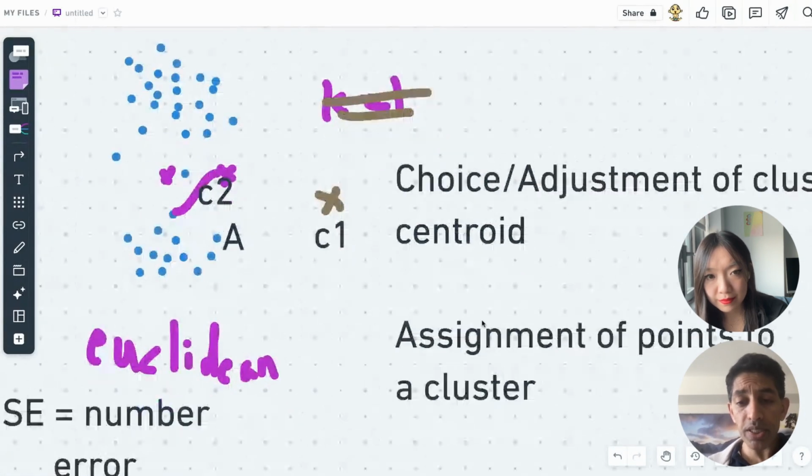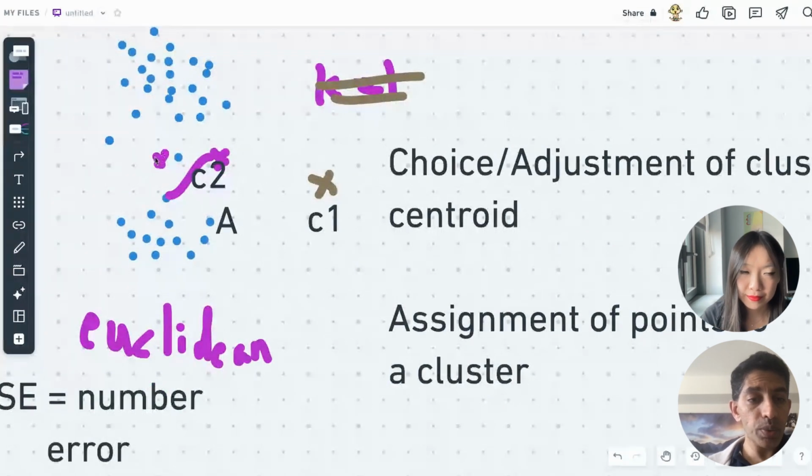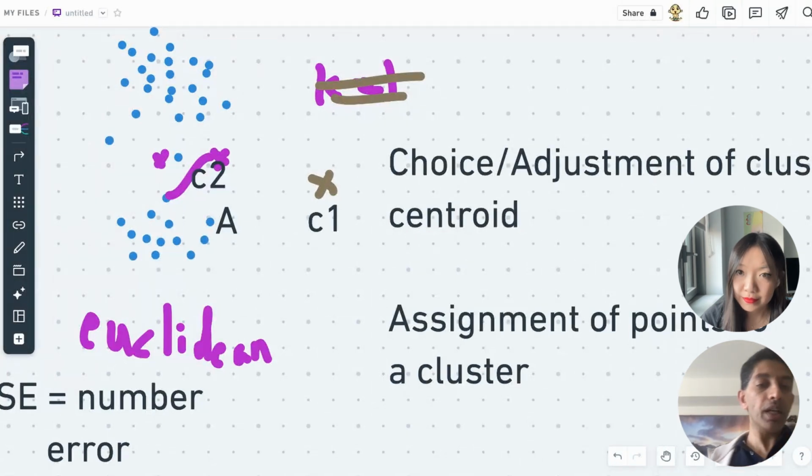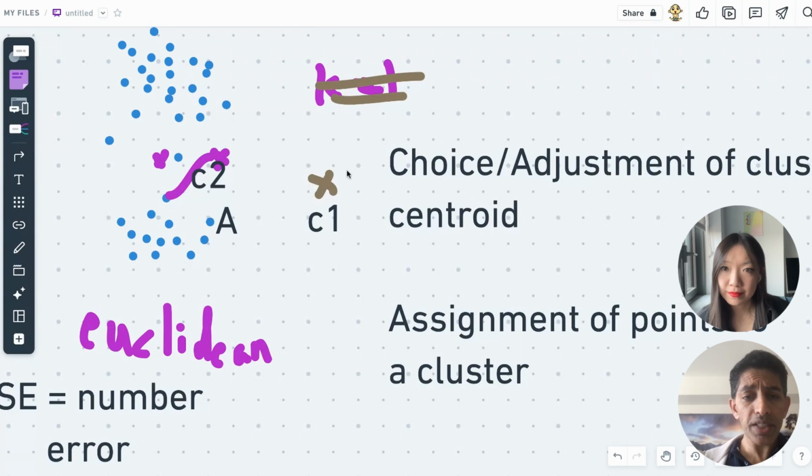But then what happens in the second step? The C2 cluster centroid moves to the center of gravity, if that allows us a better mental image of what's happening. C2 moves to the center of gravity of the points that are assigned to it. Once again, in this case, C1 doesn't move, let's say.